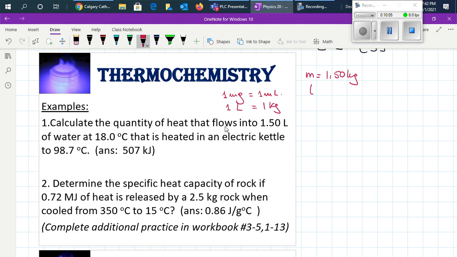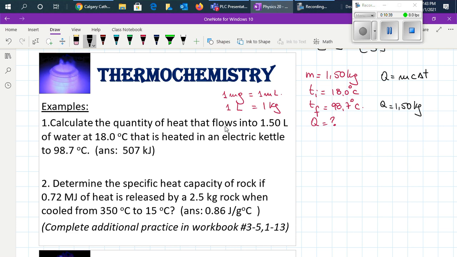And we have the initial temperature of 18 degrees Celsius and the final temperature of 98.7 degrees Celsius, and we are looking for Q. So based on the formula, what do we have? Q is equal to mcΔT, or Q is equal to 1.50 kilograms, and C is found in your data booklet.